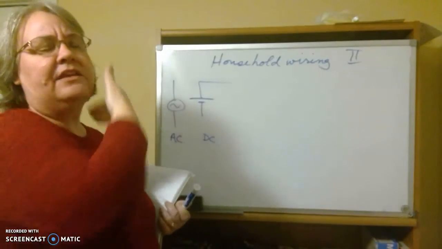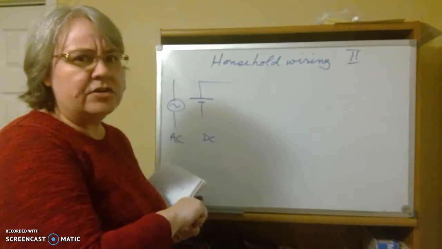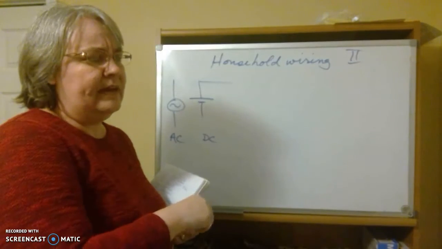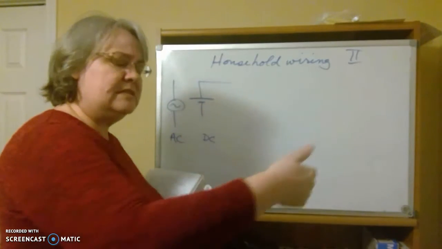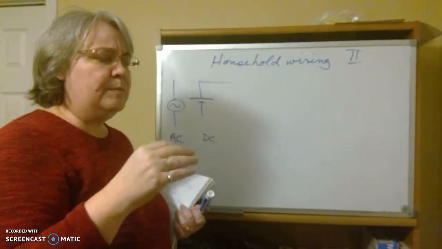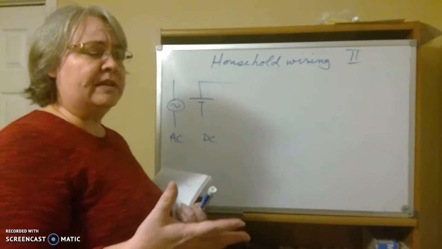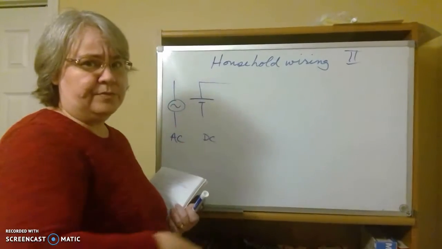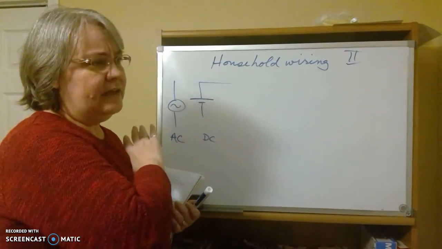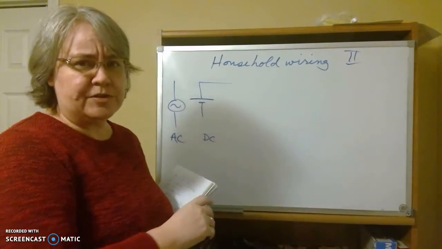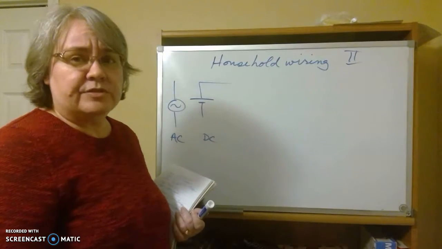The main advantage to using AC current is that it can be transmitted for long distances with less energy loss. So there's less waste. And it means your power plant can be miles away from the city. And you ship it over high voltage transmission lines and you don't lose as much energy.